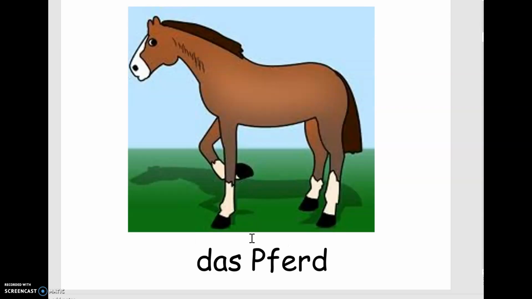Okay, next, das Pferd. Even though we have a P at the start, it's silent, so we'd say the F, so das Pferd. And das. So this word, animal, is thought of as a neuter word, so it doesn't have any gender really when we say it's neuter. So das Pferd.